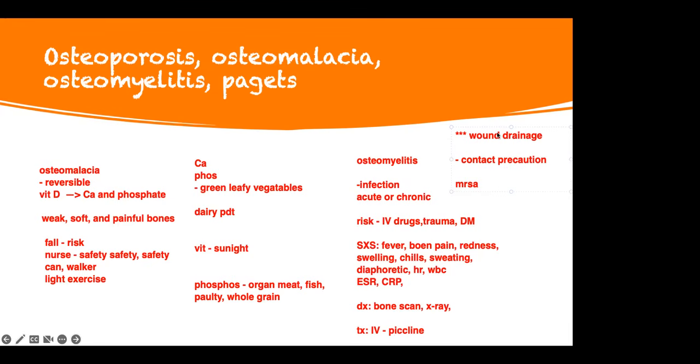But if you see obvious drainage, fluid coming out from that thing, contact precaution. And you have to teach people to take the full course of antibiotic. Otherwise, if they have recurrent infection, you can't treat it anymore. This is a bad disease.